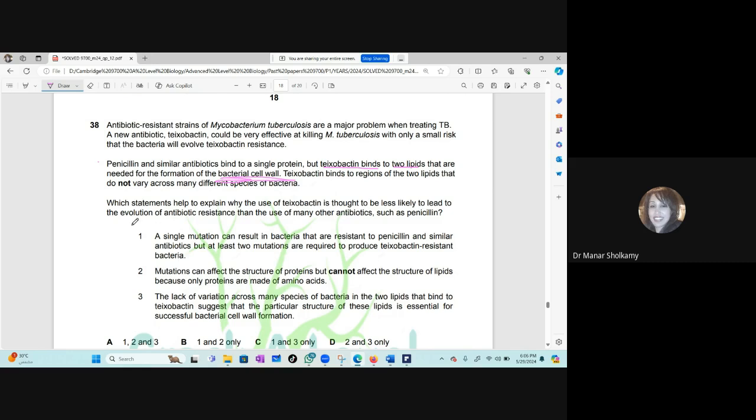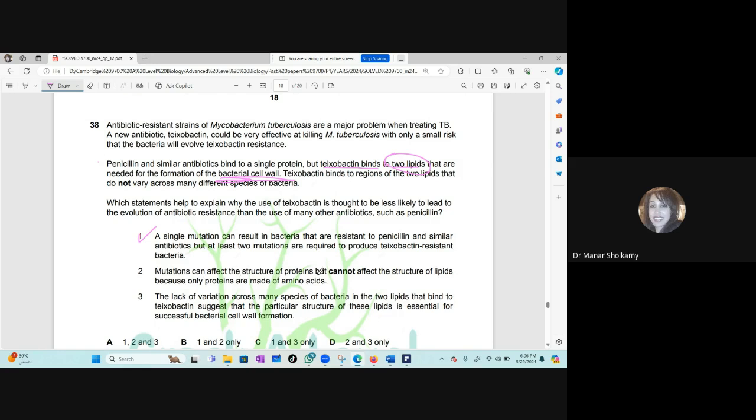That's right. I need at least two mutations to produce the resistant strain because we need to affect two lipids. Mutations can affect the structure of proteins but cannot affect the structure of lipids, because only proteins are made of amino acids.